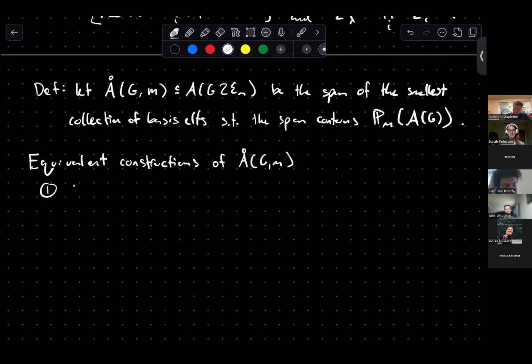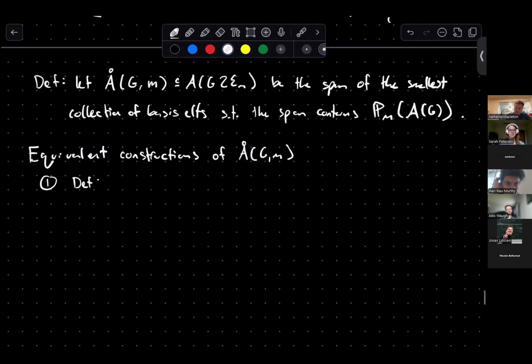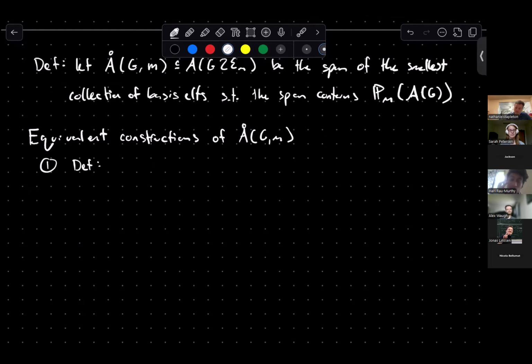It turns out that angstrom of G comma M is a Grothendieck ring. That's the first thing that I'm going to explain. So what's it a Grothendieck ring of?